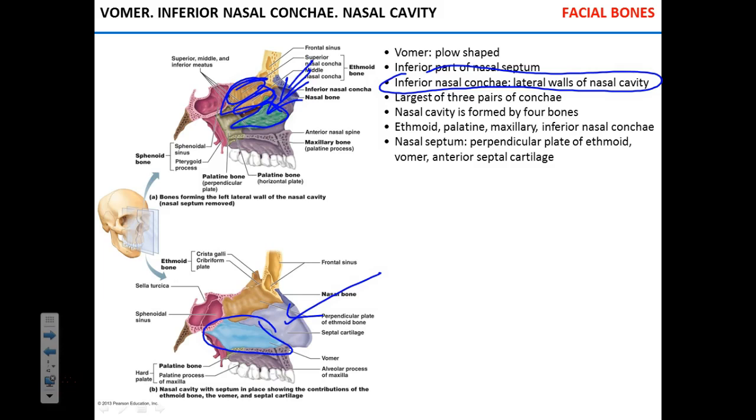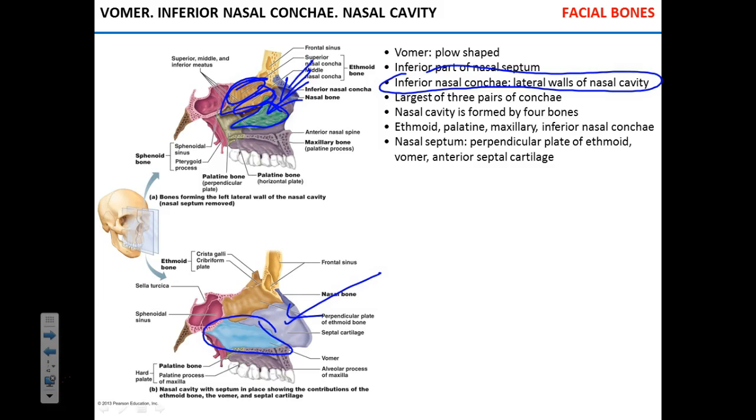A big part of the orbits is formed by the zygomatic bone, which articulates with the frontal bone, temporal bone, and maxillary bone. The bridge of the nose is formed by the nasal bones. The medial walls of the orbit are the lacrimal bones. Inside of the nasal cavity, you can see inferior nasal conchae and vomer.